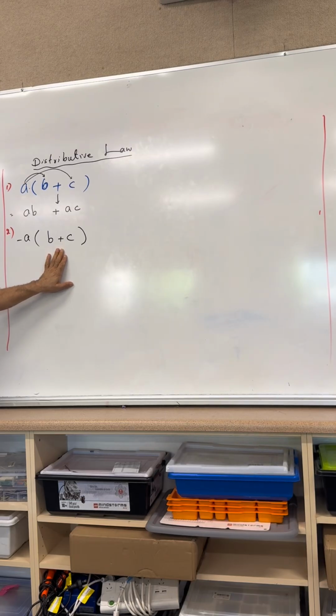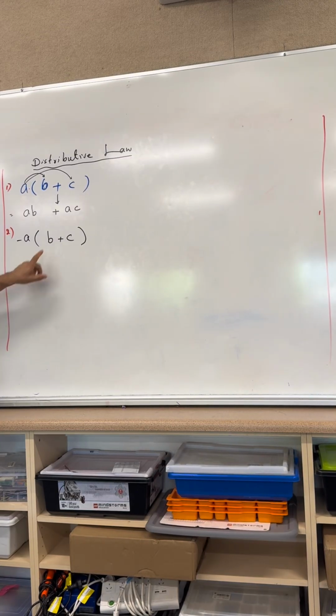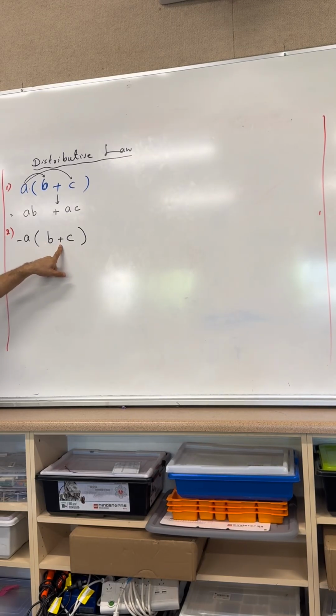What is the sign of B, positive or negative? Positive. And how do we know? Every number has the sign in front of it, not at the back. So if you don't have a sign in front of B, that means B is positive. And in front of C, we have a plus sign.